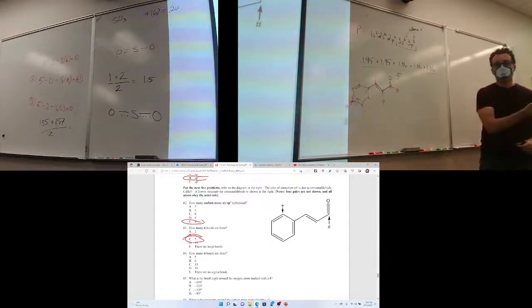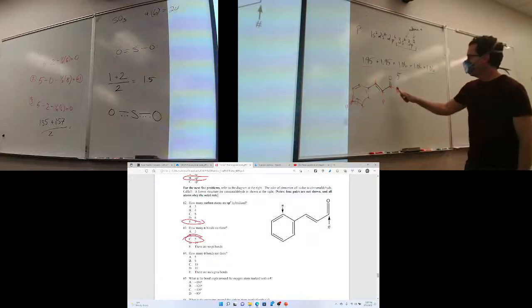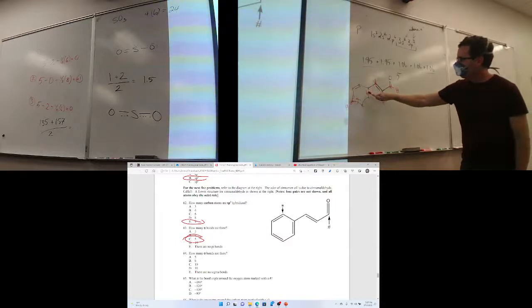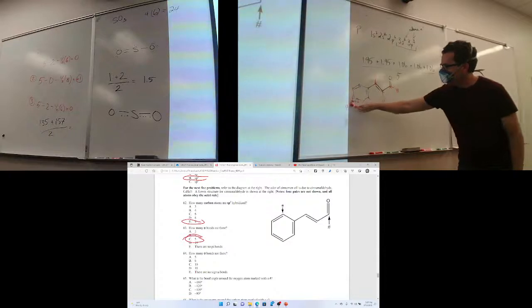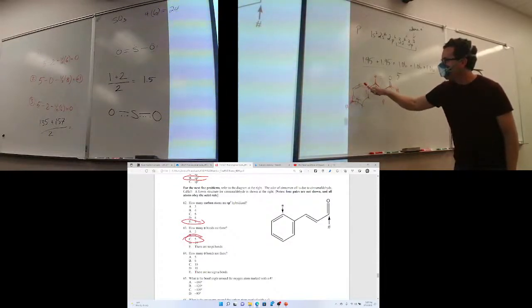How many sigma bonds are there? This one's tricky because people just look at what's drawn. Don't forget all the hydrogens too. So 1, 2, 3, 4, 5, 6, 7, 8, 9, 10, 11, 12, 13, 14, 15, 16, 17, 18.